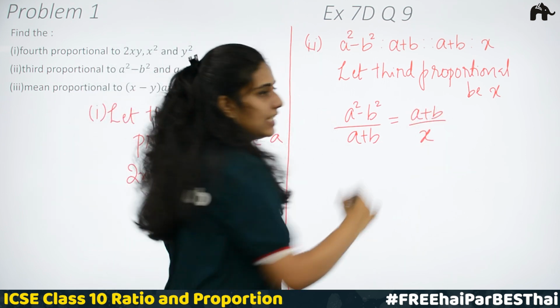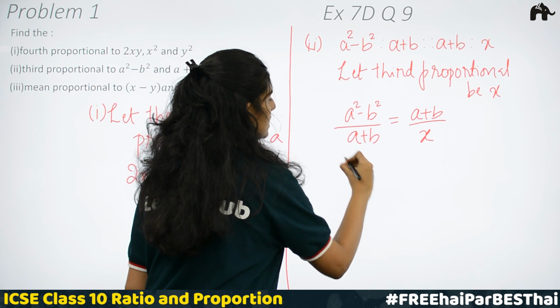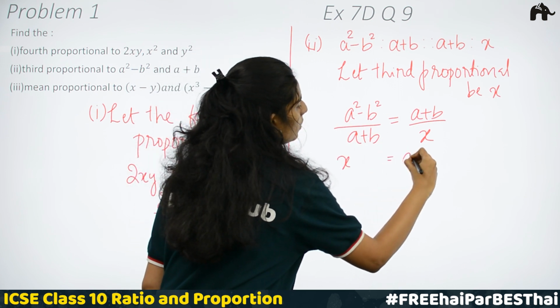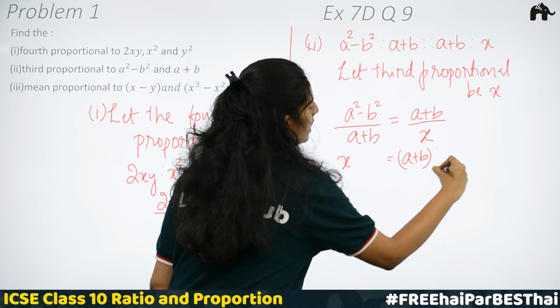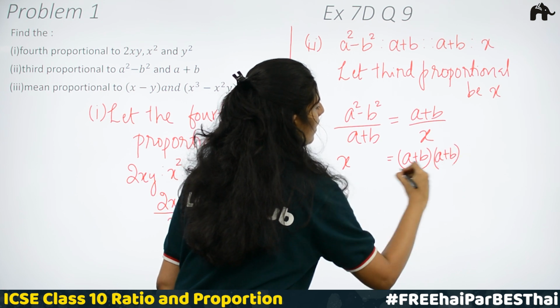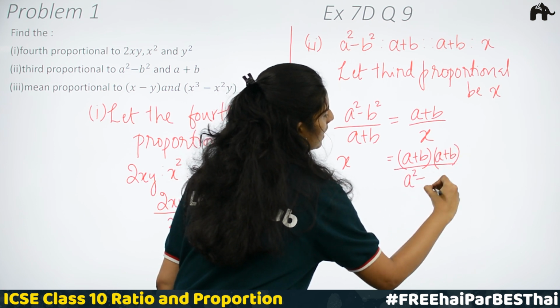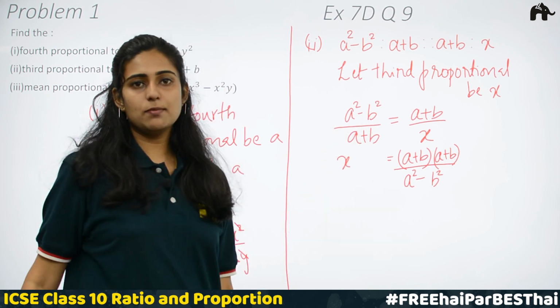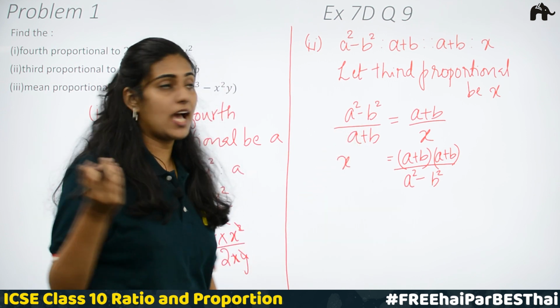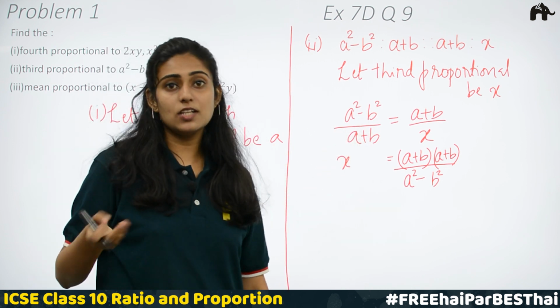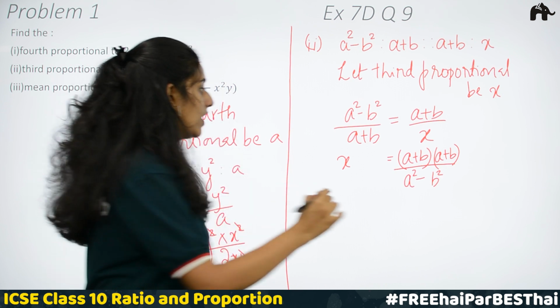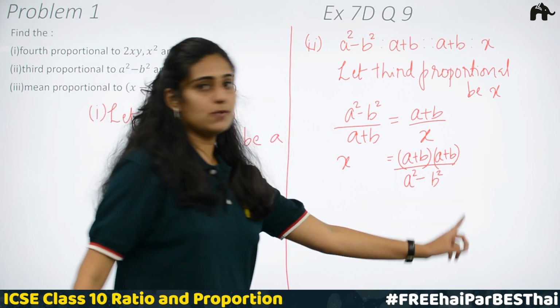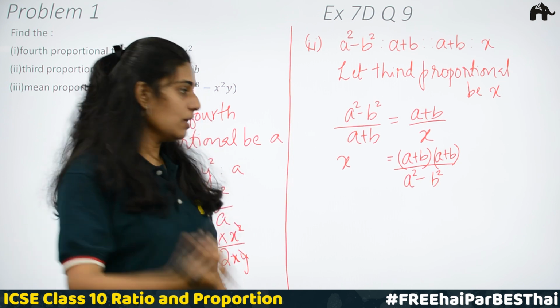Now, we need to find x. Taking x to the opposite side, we get x is equal to a plus b into a plus b divided by a square minus b square. What is a square minus b square? This is an algebraic formula: a plus b into a minus b is equal to a square minus b square. So, in place of a square minus b square, we can write a plus b into a minus b.